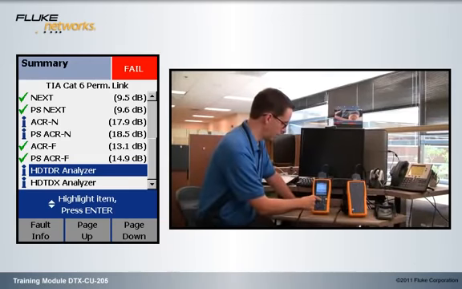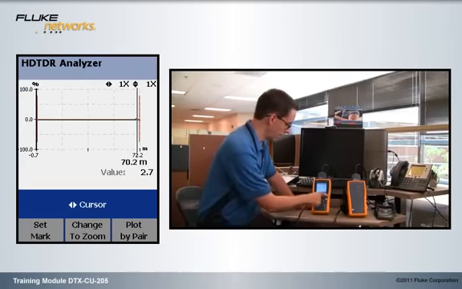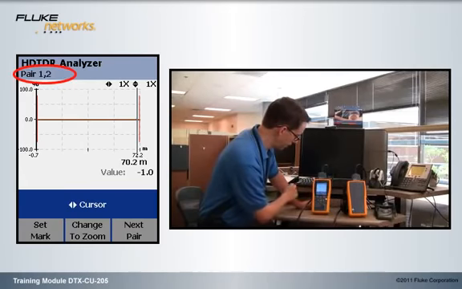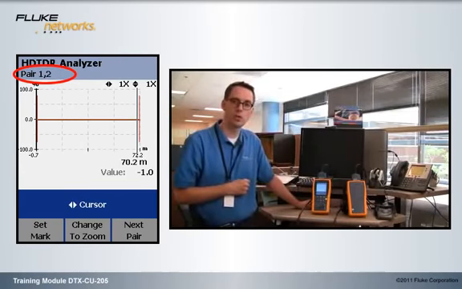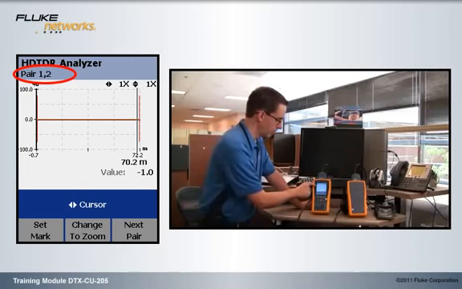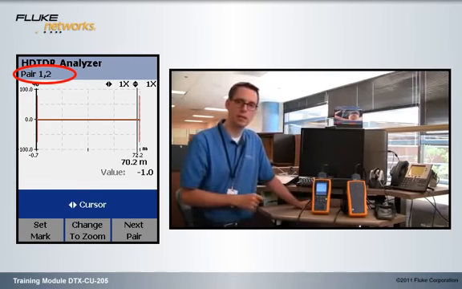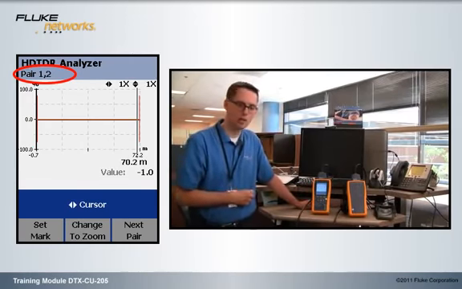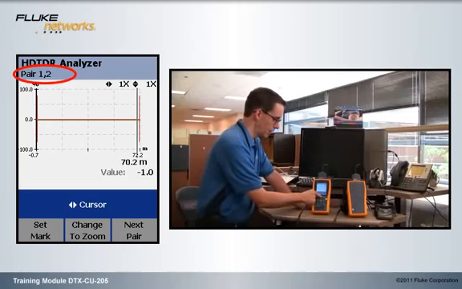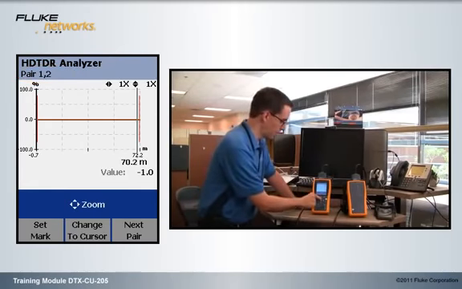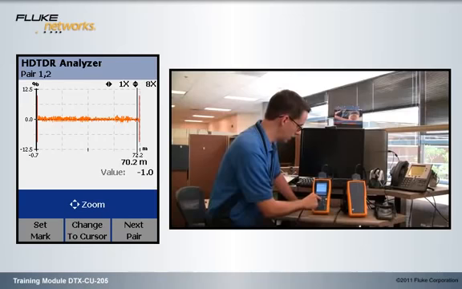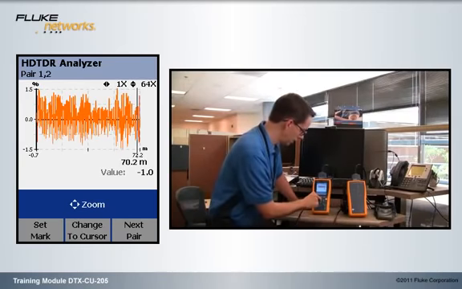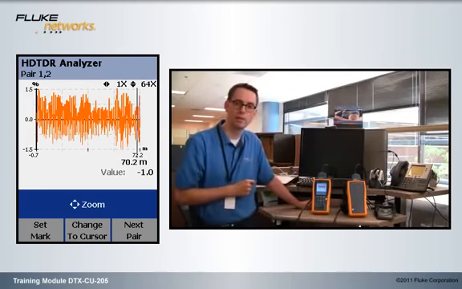So I'm going to hit the enter key, and then I'm going to hit the F2 key to get to that pair 1, 2. Now, just as before, we hardly see anything on here, and as with the HD TDR, we press the F2 key zoom and then the up arrow key until we see 64X appear in the top right hand corner.